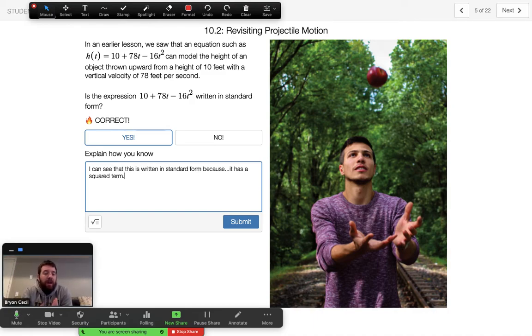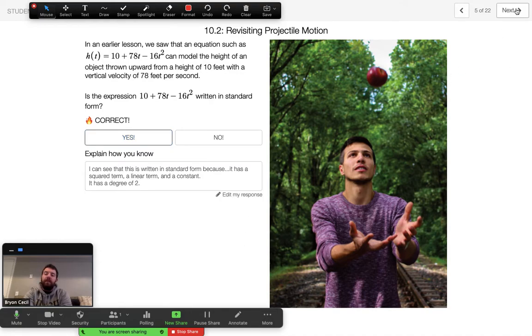What I've been saying is it has a degree of 2. It's going to have the squared term. And really it has a squared term, a linear term, and a constant, just like this.